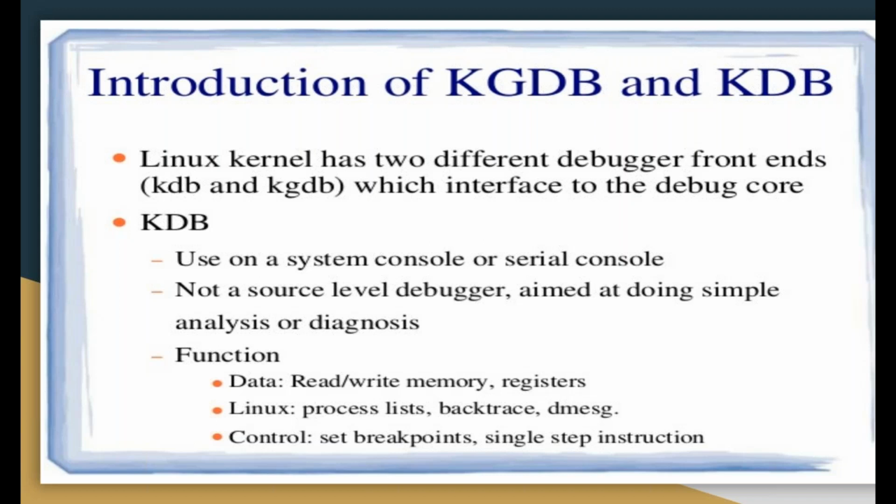Linux is open source, so the developer community developed a GNU debugger. If you want to say kernel-based, that stands for KGDB, or you can say GDB, which stands for GNU-based. It is a best choice, and it is freely available.